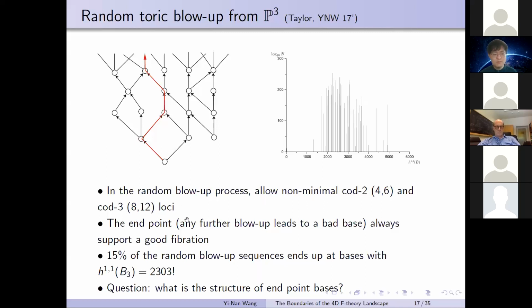It's an endpoint because any further blow-up will lead to a very bad base, like one that only supports convention 146 or something. But in this approach, there's a very curious phenomenon we have found. Somehow, if you just do this, 15% of all the random blow-up sequences will hit an endpoint base with a certain Hodge number h11, which is like 2303.